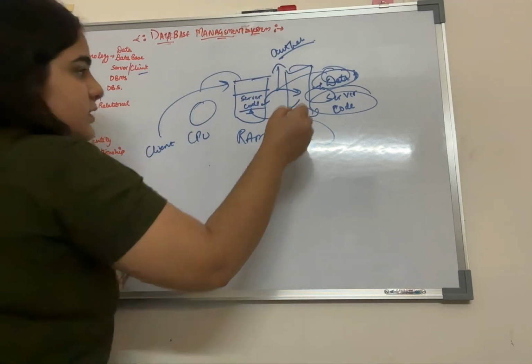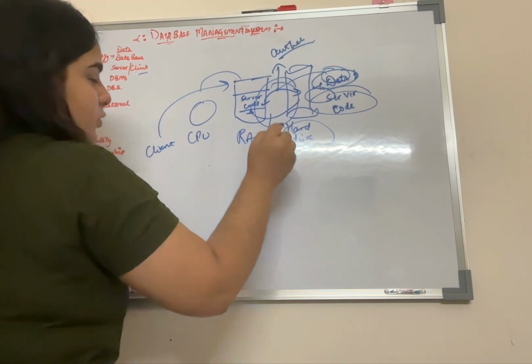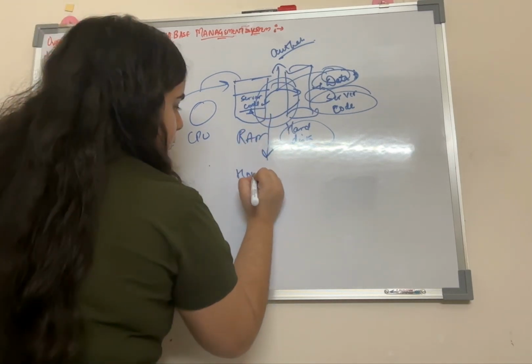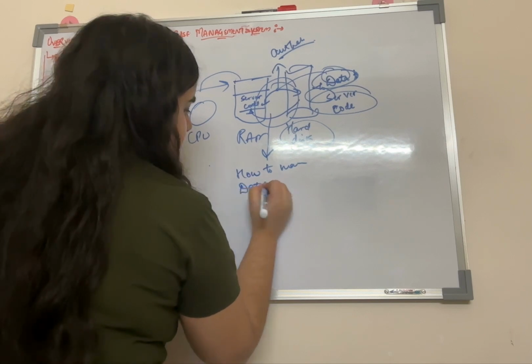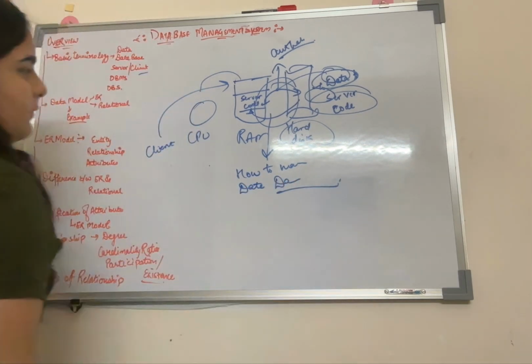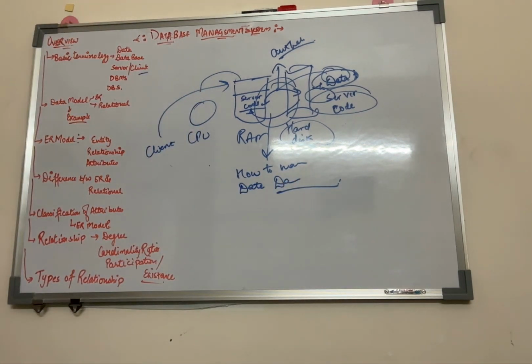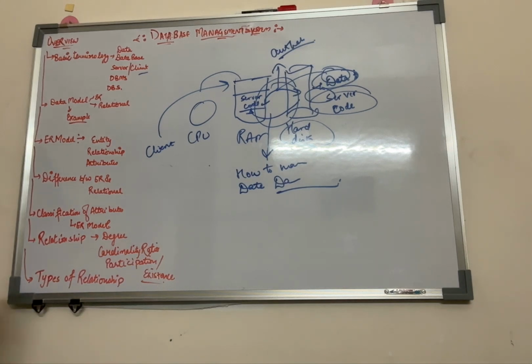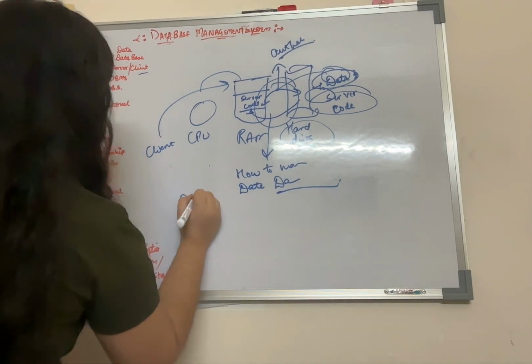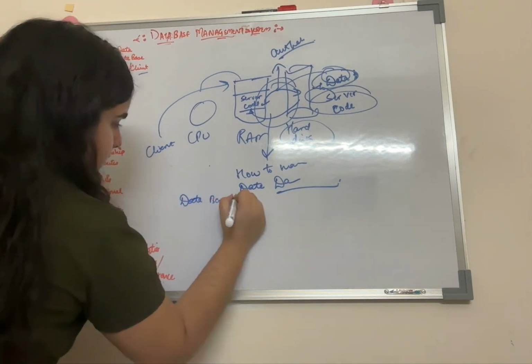Okay, now this code, how to manage the data, is basically your database management system. So this is nothing but the database code. I mean, the code that is dealing with the database is your database management system. Now, what is a database system?